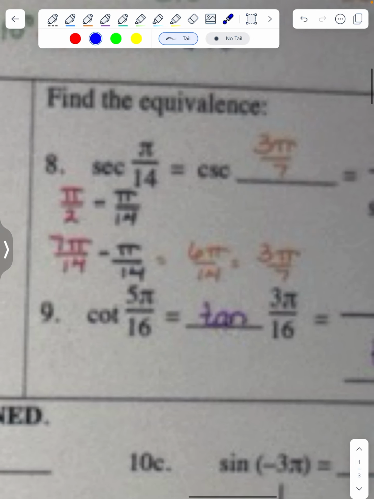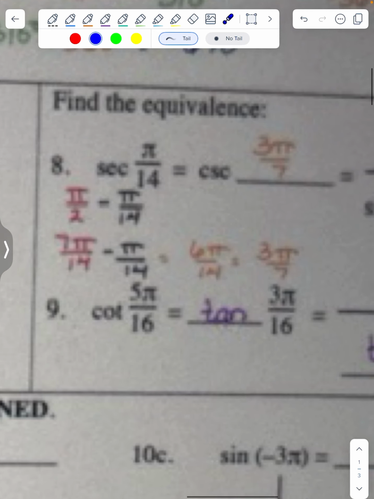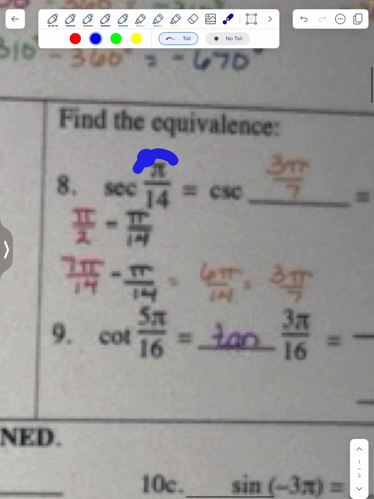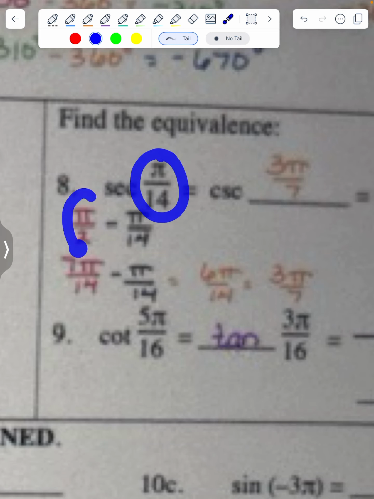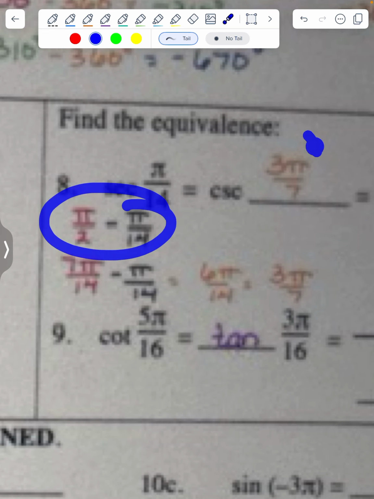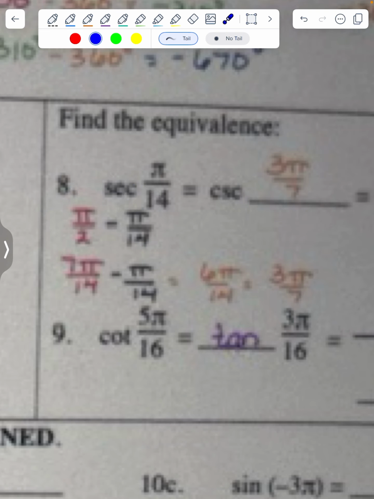When I gave you that example of 30, we subtracted 30 from 90 and got 60. Now we're going to subtract pi over 14 from pi over 2. It's like doing 90 minus 30. Well, this is doing pi over 2 minus pi over 14. So you can put that in the calculator and you get 3 pi over 7.